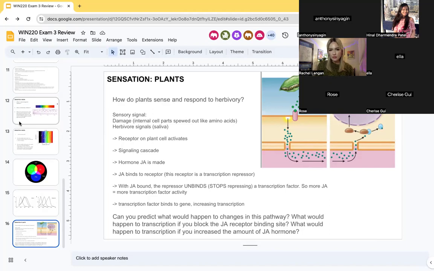So the amount of jasmonate wouldn't matter because jasmonate's not binding to anything. Yeah, if there's a mutation to the repressor, then I would predict the transcription factor would be binding and there would be lots of transcription, regardless of whether there was herbivory or JA or anything.